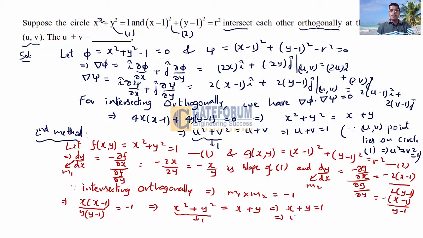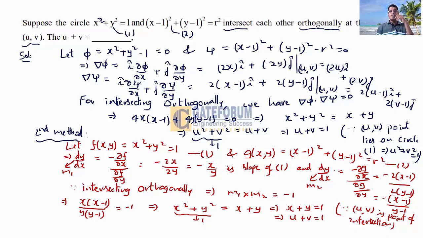So that means u plus v is equal to 1, because (u, v) is the point of intersection. Since (u, v) is the point of intersection, that means you can find these m1, m2 slopes at (u, v).